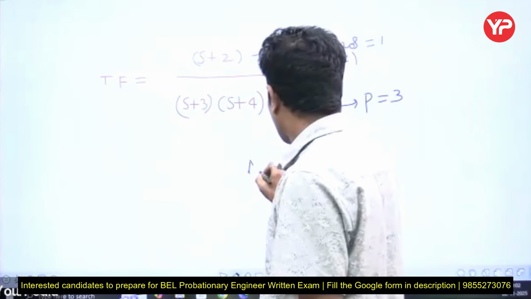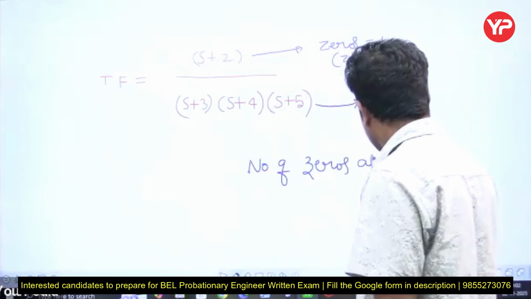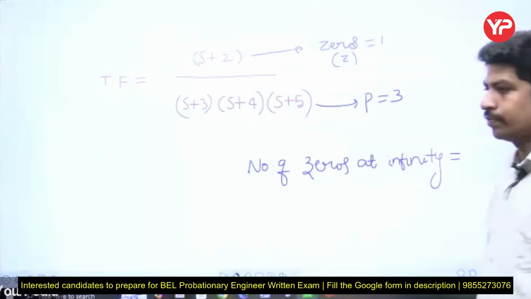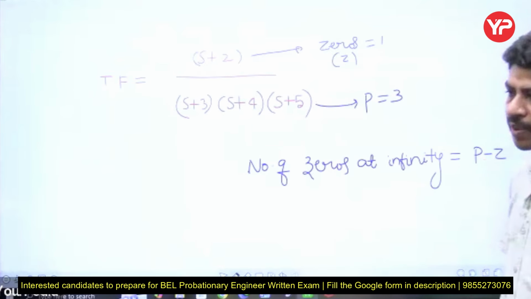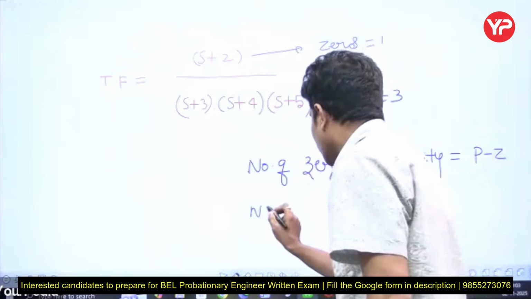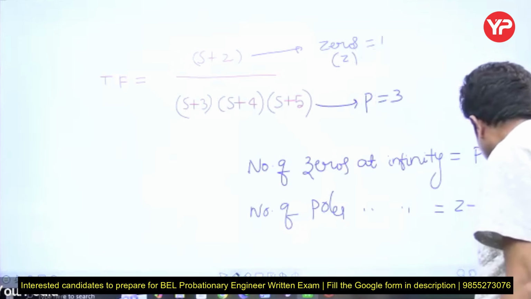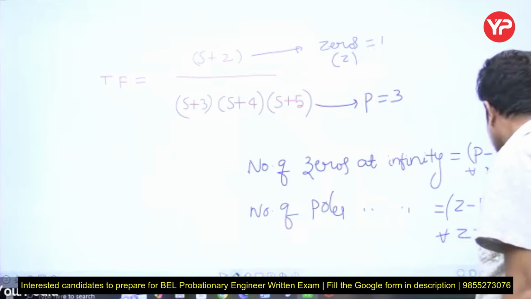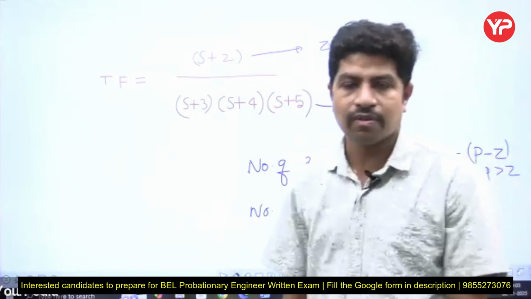So here, number of zeros at infinity is equal to P minus Z, for all P greater than Z. If it is reciprocated, more zeros and fewer poles, then you'll find the number of poles at infinity is Z minus P. This is for all Z greater than P. That is one of the concepts I thought of discussing.